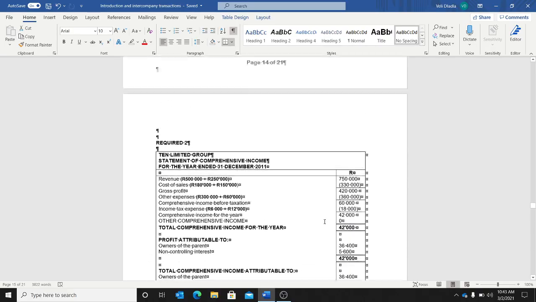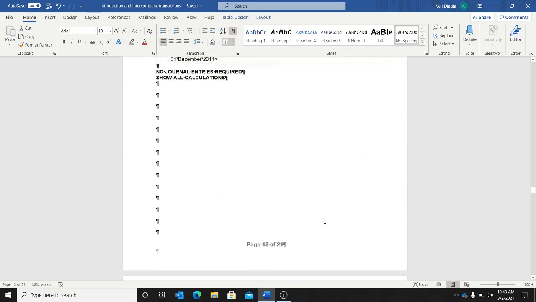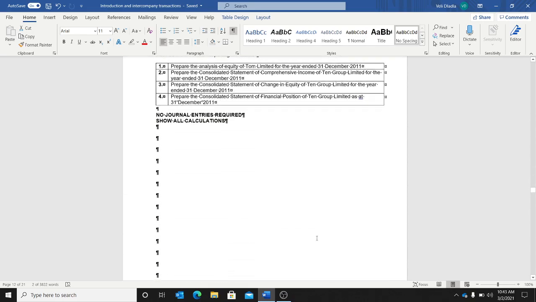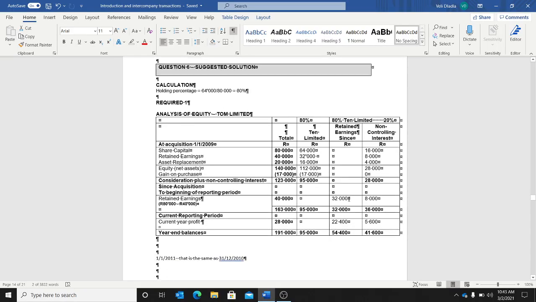You say, what is the opening retained earnings at the beginning of that year, which is this one here. It's 80. Right. Plus how much is the holding company entitled to in terms of retained earnings until date 2 here? It's this amount. So 80 plus 32 will give us how much? It's 112. Right.